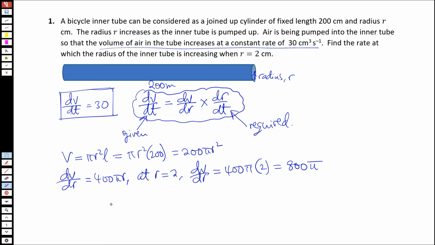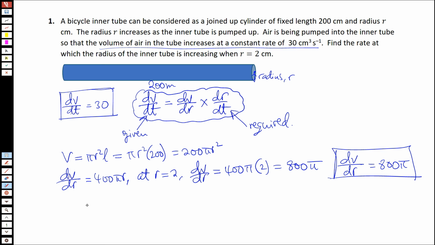So once you have this quantity, we have dv over dt is 30, and we have dv over dr being equal to 800 pi. So the plan here is to substitute these quantities into this relationship here.